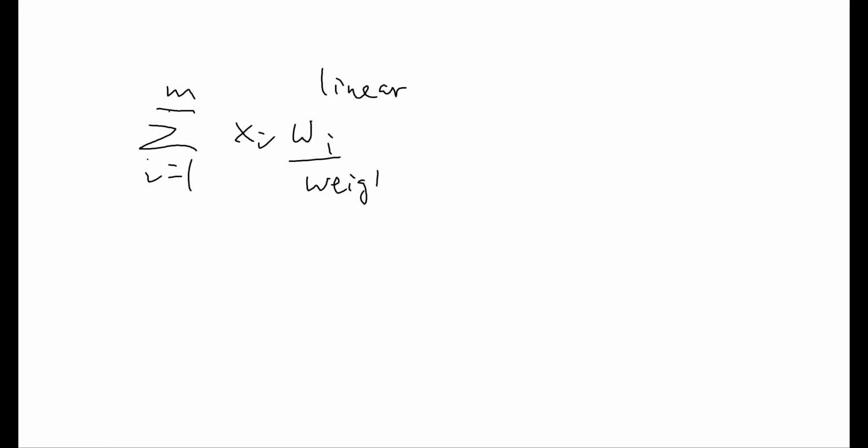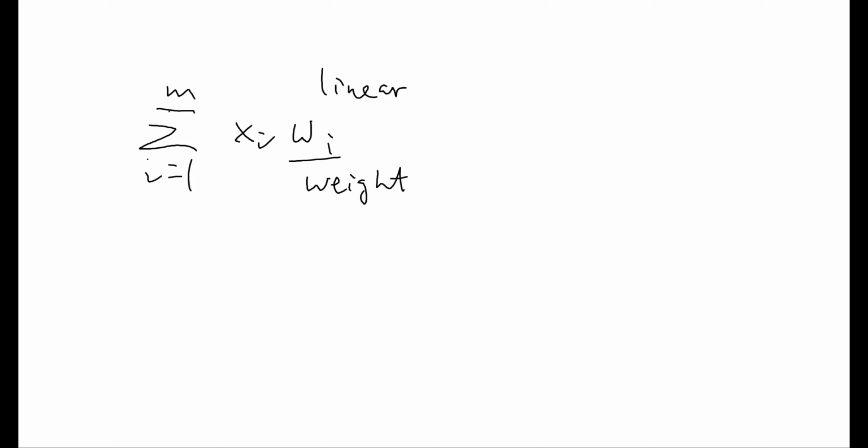That's why we have this concept: sum over i from 1 to m of xi and wi. Here we use a linear expression to predict the target value. This w we call the weight. For each feature, you have the corresponding weight.